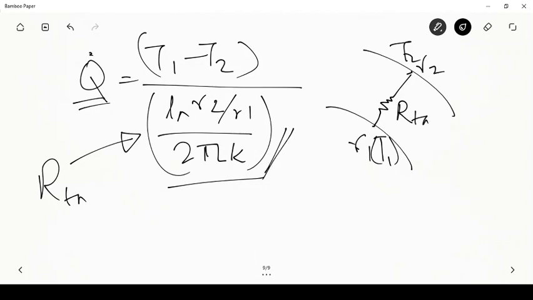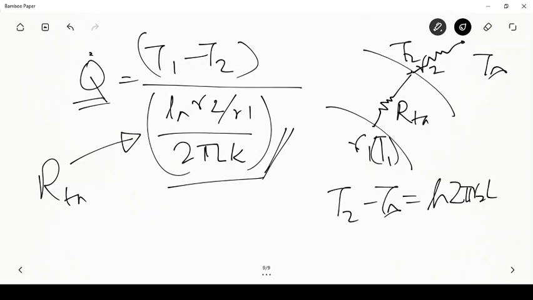Now, in the same way as we did for planar systems, suppose there is a T infinity here and there is further resistance, where we can write q dot equal to h into 2 pi R2 L, which is the surface area at the radius R2, multiplied by (T2 minus T infinity).